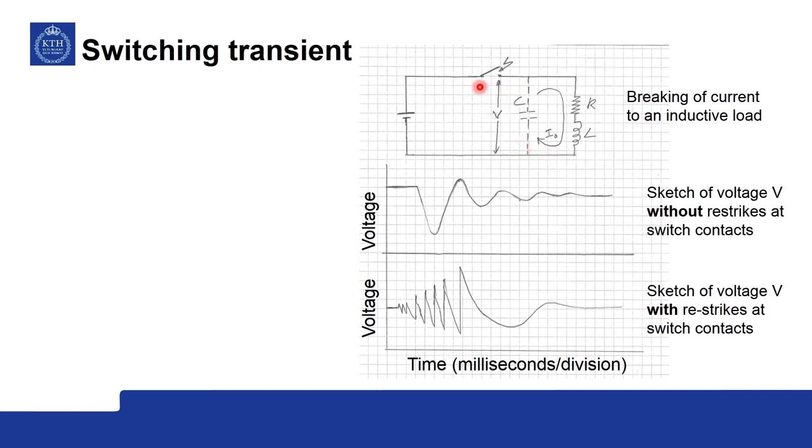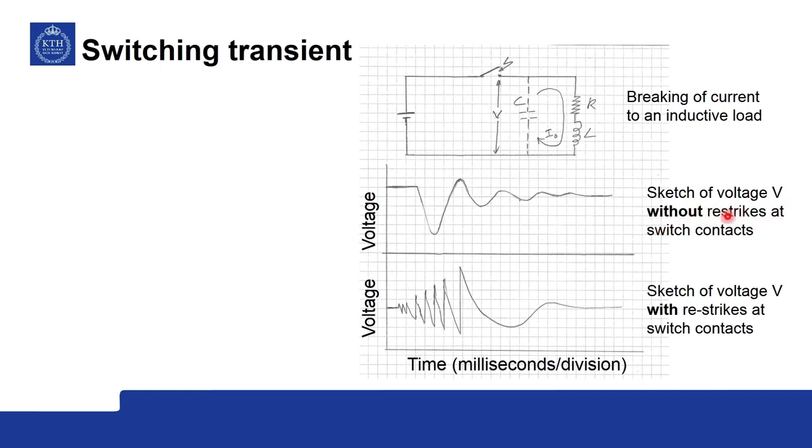Say for example, across the switch you have a potential difference, and when the switch is opened, this potential difference will sometimes create an arc. So, you can have switching with arcing and without arcing, and with arcing it will have a more severe noise issue, EMI issue.